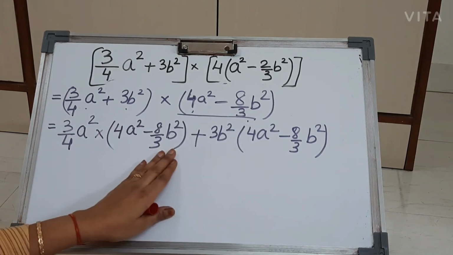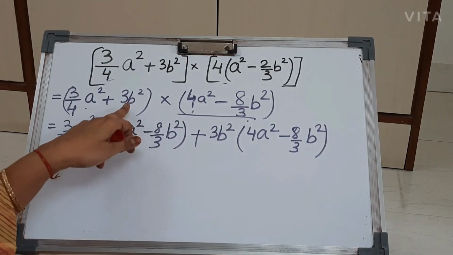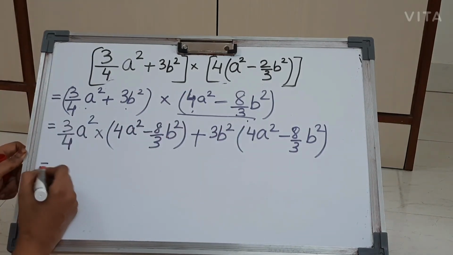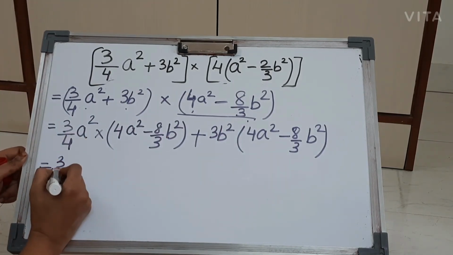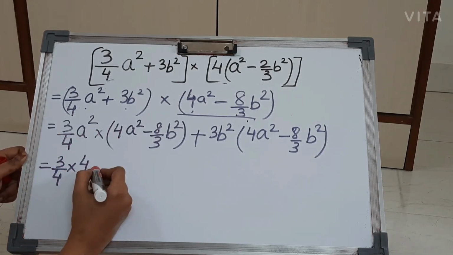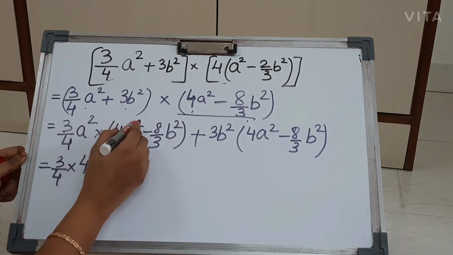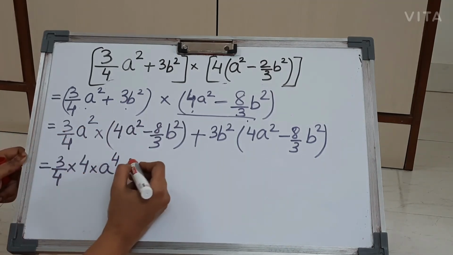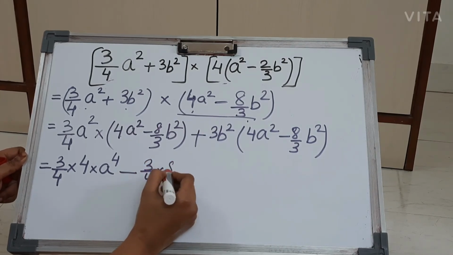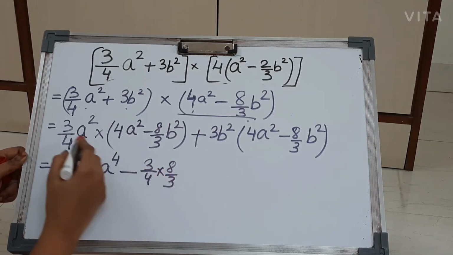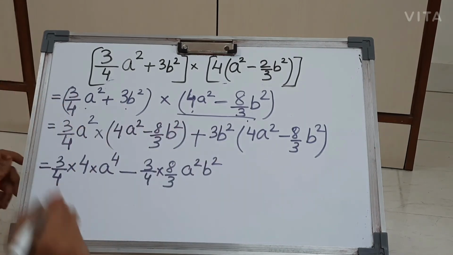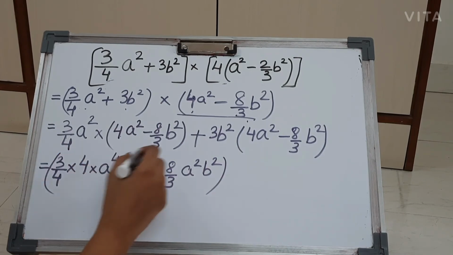So we took this whole term with the first term, again this 3b squared multiplied with this whole. Now we will simplify 3/4 into 4 into a to the power 2 plus 2 is 4, minus now 3/4 into 8/3 a squared and b squared. So we will take a squared and b squared. This is the first one.